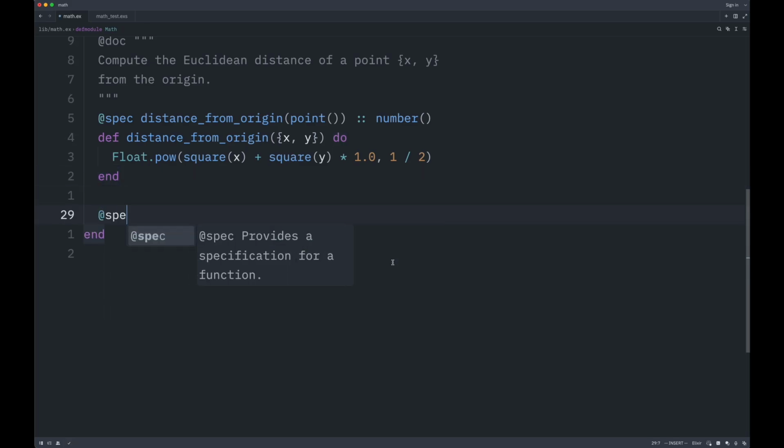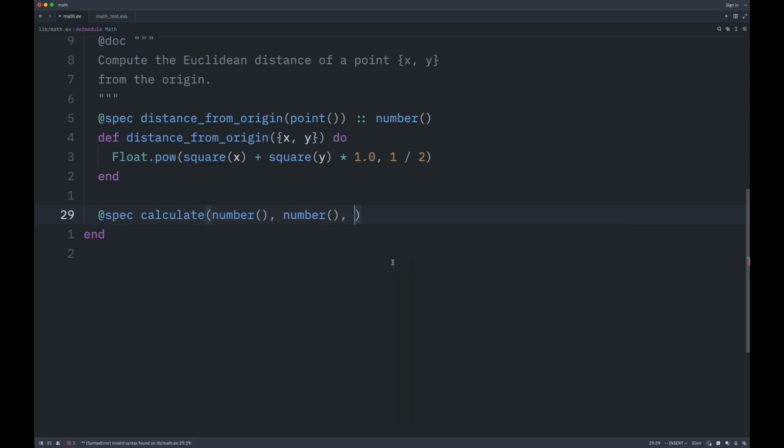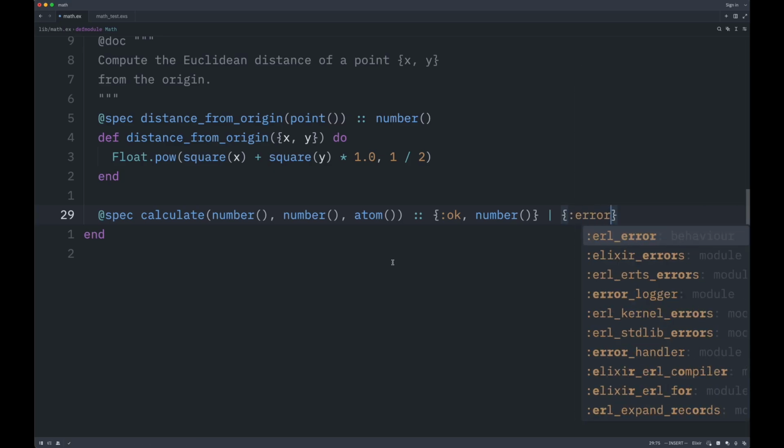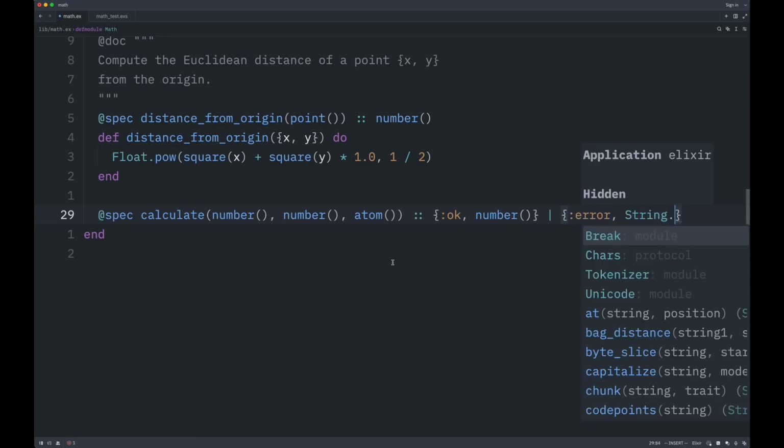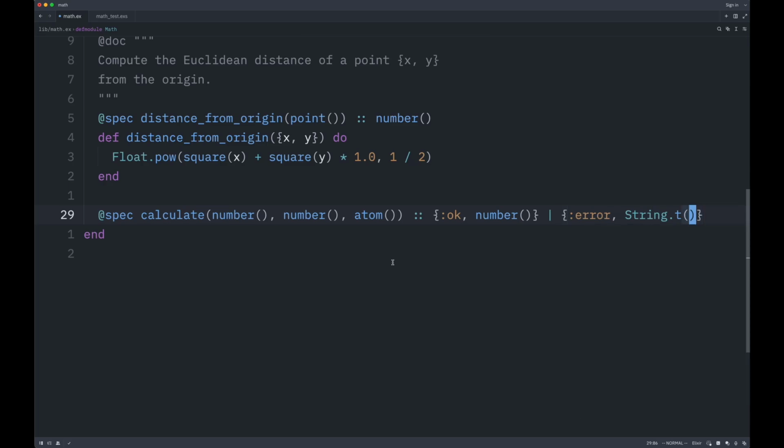We'll start with spec, and our function is called calculate. It's going to take two numbers and an atom, and it's going to produce a tuple of OK and a number, or a tuple of error and a string. So this becomes our function signature.